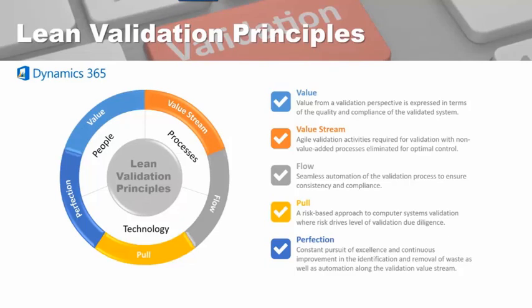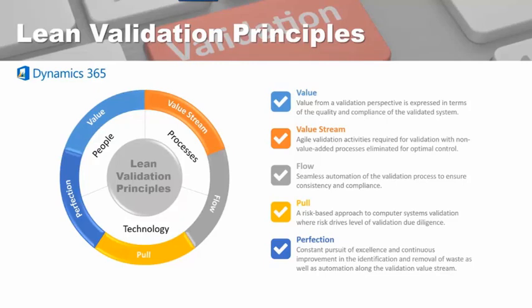We take the next principle, flow. This is a seamless automation of the validation process to ensure consistency and compliance. As I look at validation from a lean perspective, here is what I would like to see.